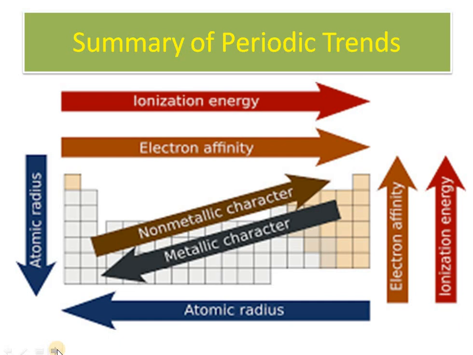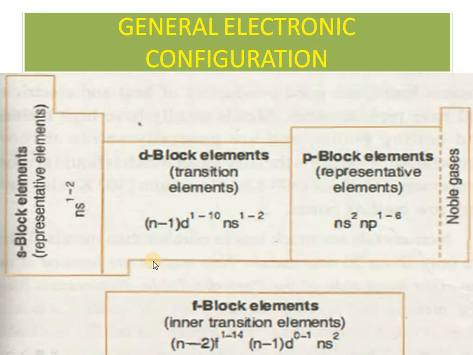Down the group, atomic radius increases, while ionization energy, electron affinity and electronegativity decrease. Next, metallic character: down the group it increases, along the period it decreases, and non-metallic character is opposite to metallic.